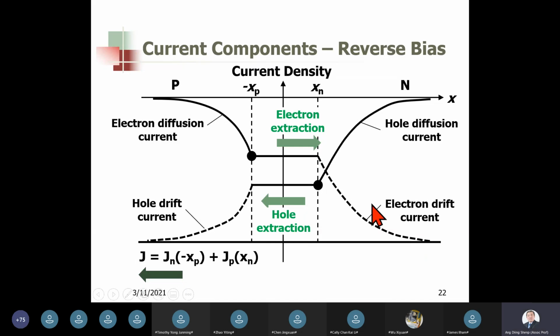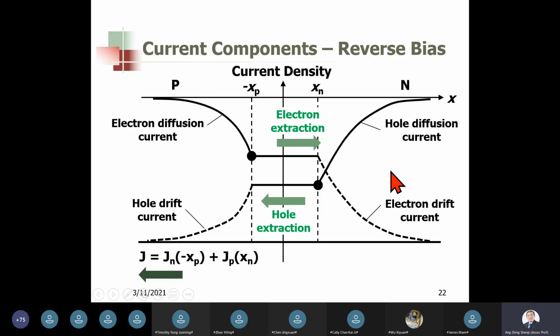Now, the electron drift current also has two components. One is the constant component due to the extraction from the P side, and the distance dependent component arises from the thermal generation process that happened within the quasi-neutral region.